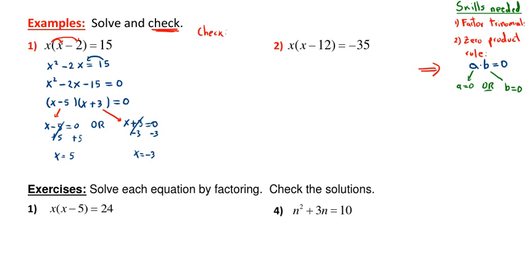We're going to check first x is equal to 5, and then we will check x is equal to -3. We take our original equation, substitute all the x's by 5, and we simplify the right side and the left side. So after we substitute, I'm going to start by writing the original equation.